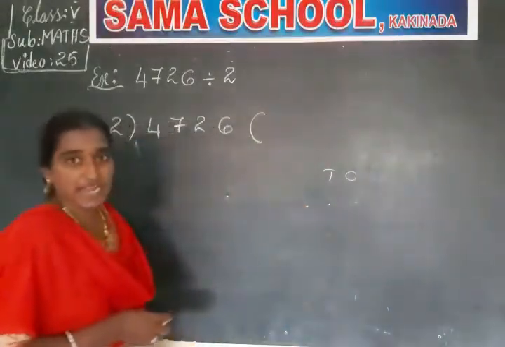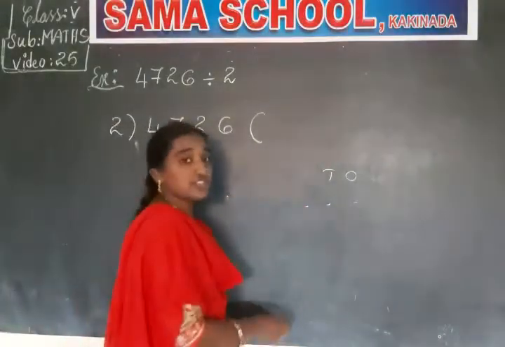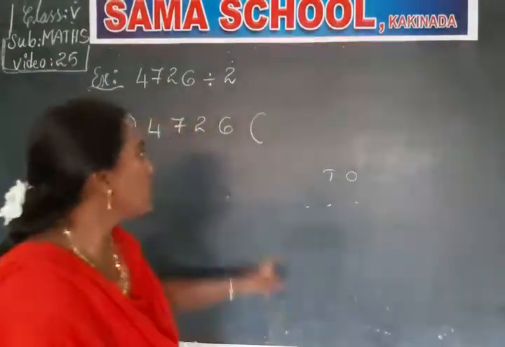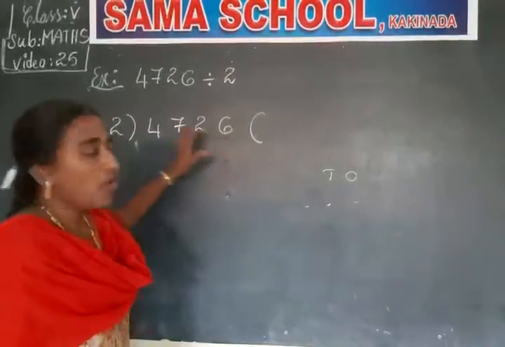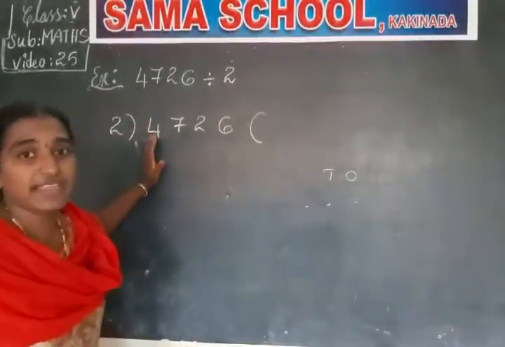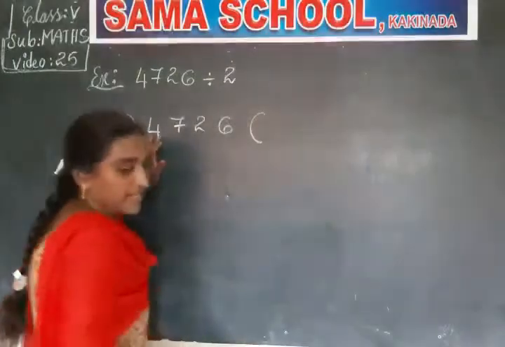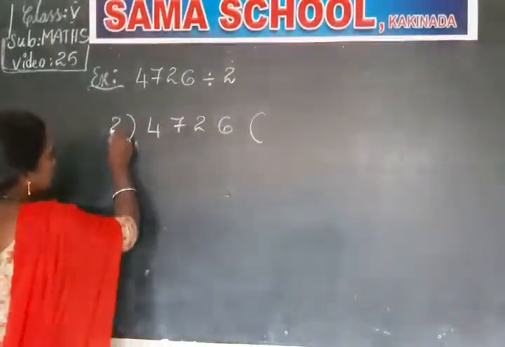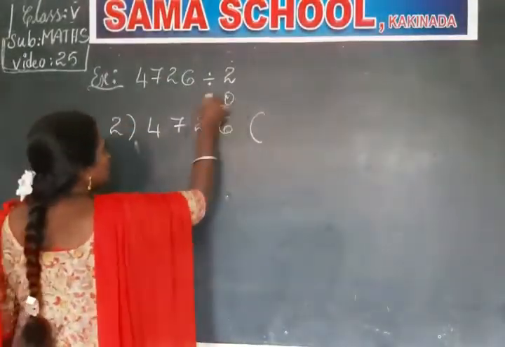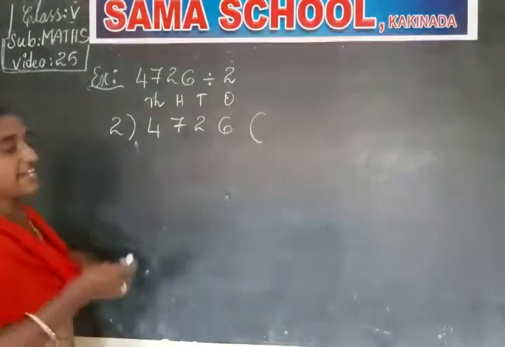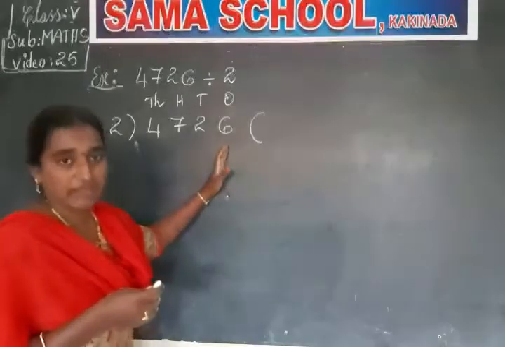But in division, we should not start from the ones place. Always we have to start from the highest place value digit. Okay? You have to remember this point. And see here in the 2 table, these are the places. Addition, subtraction and multiplication we do from the ones place.